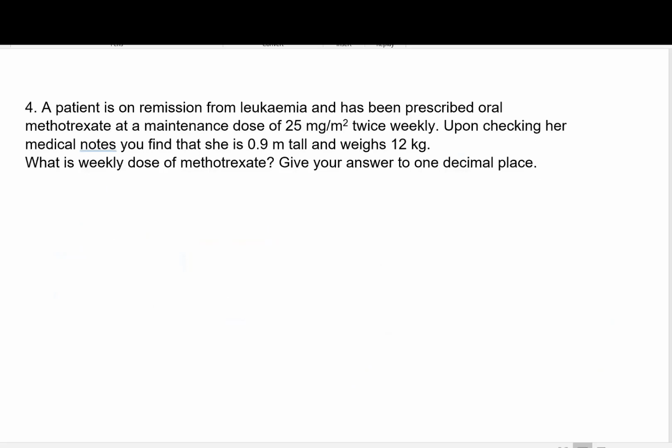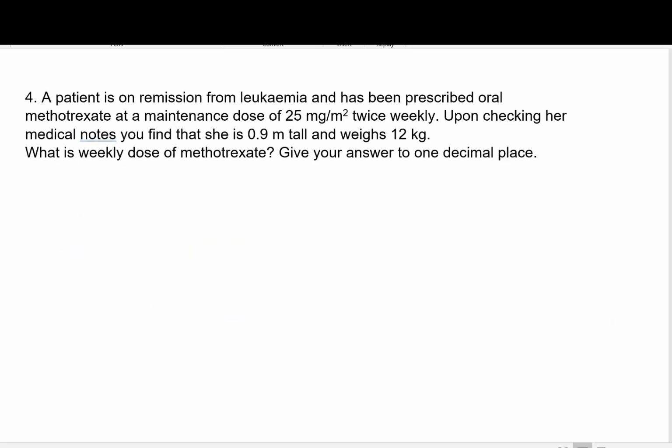Very important question. Patient is in remission from leukemia and has been prescribed oral methotrexate 25 milligrams per meter square. Now, if you haven't come across anti-cancer drugs, you would not know that the doses of anti-cancer drugs are based on body surface area.